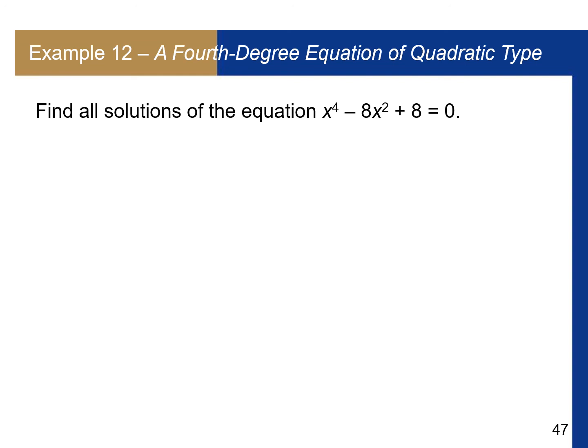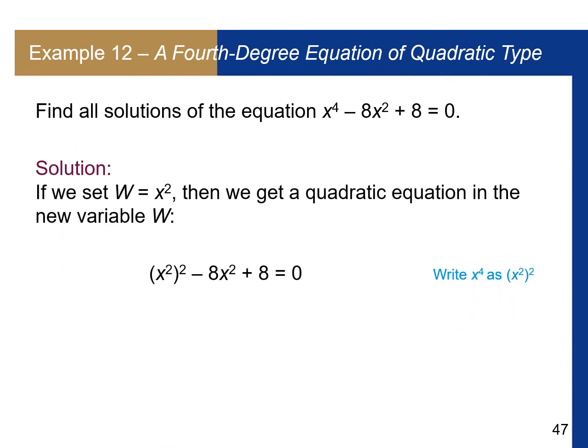Fourth degree. Here, it kind of works out nice because I have 4, 2, and then 0. If you remember, when we have a quadratic equation, we have x squared, then we have an x term, and then we have an x to the 0 term, which is just 1. And in this problem, that would be what would be in front of or after the 8. So I always call this a 2, 1, 0.